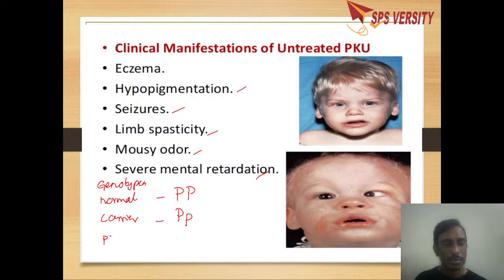Affected with phenylketonuria, small p, small p. So these are the genotypes which you write for doing crossings. So it is also an autosomal recessive disorder.